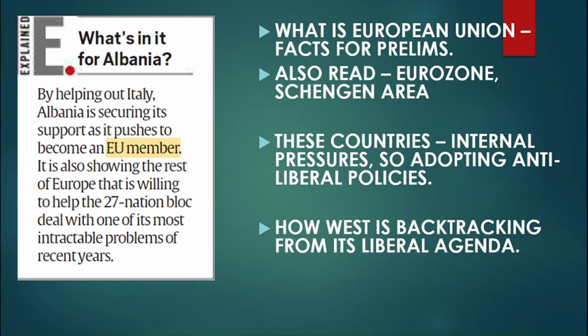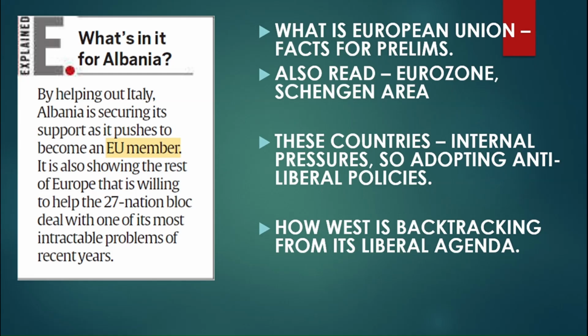So what we need to understand, first, what is the European Union? We need to understand all the facts for prelims. You also need to explore the meanings of the terms Eurozone and Schengen area. Next, some of the Western countries have been facing certain internal pressures and crises, so they have been adopting anti-liberal policies.